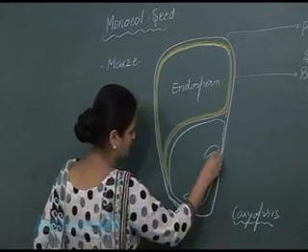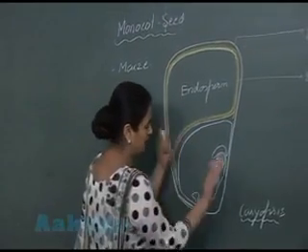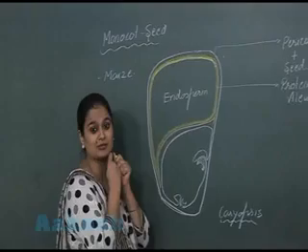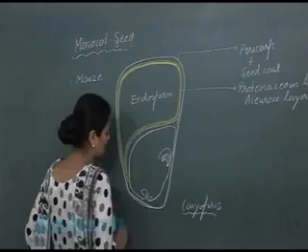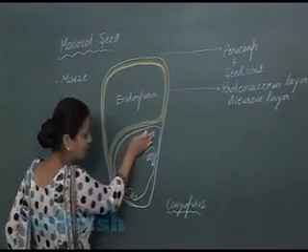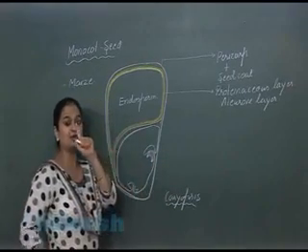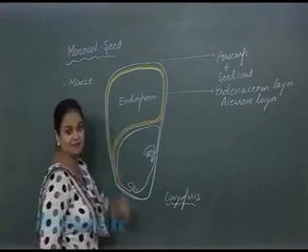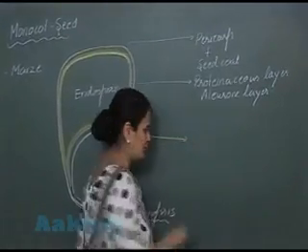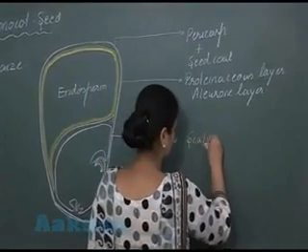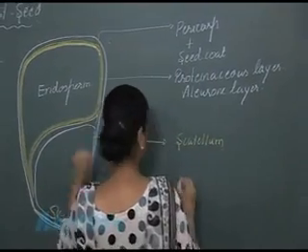In the embryo, this represents the embryonic axis. On both sides of the embryonic axis there should be cotyledons, but in the case of the monocot, there is presence of only one well-developed cotyledon. In the dicot, cotyledons are present on both sides, but in the monocot there is only one well-developed cotyledon. This is known as scutellum, and you can see here the scutellum is shield shaped.